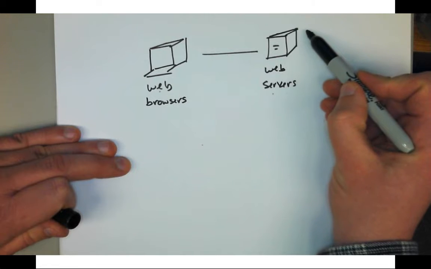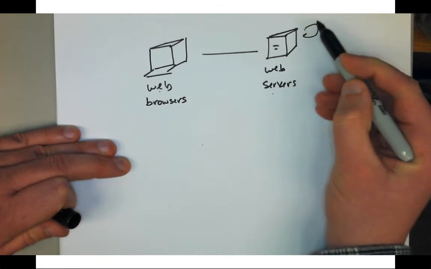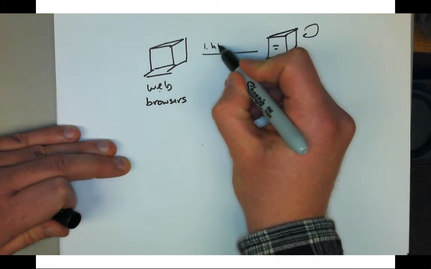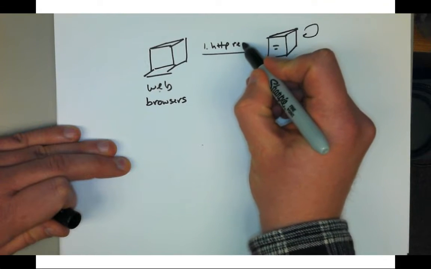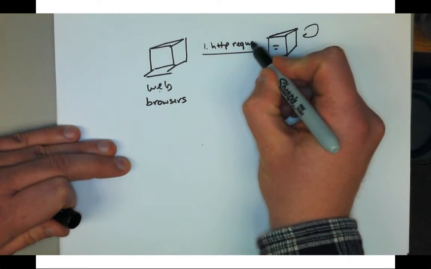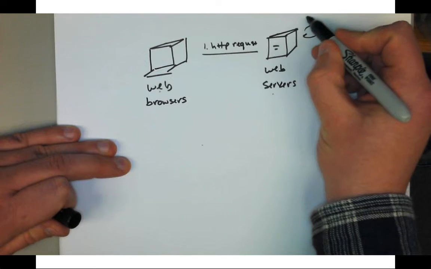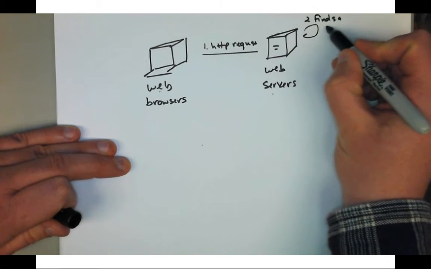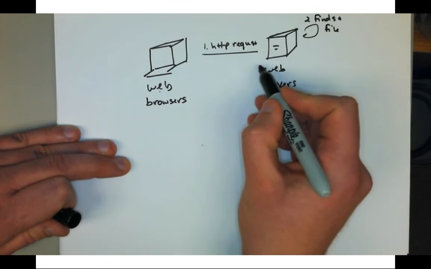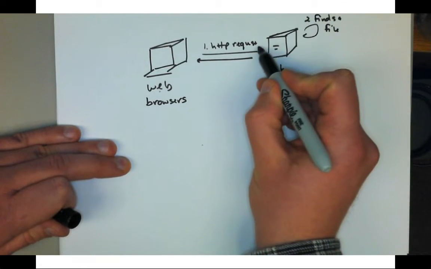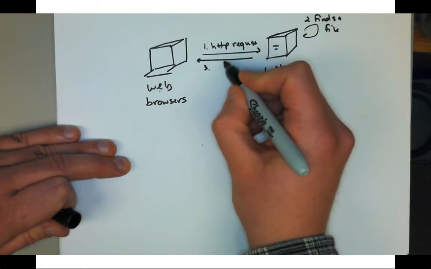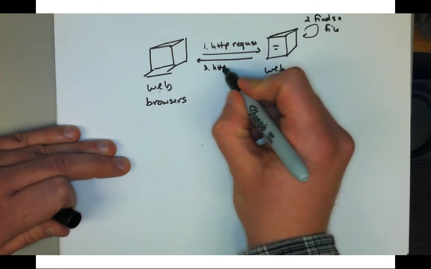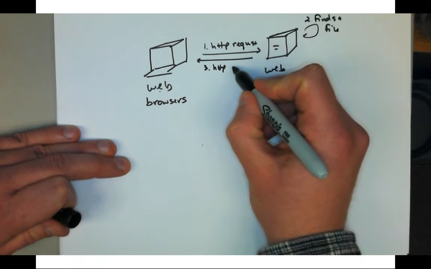The web server goes and finds a particular file. So the request is called an HTTP request. The server finds a particular file. Okay, and then the server will send that file back, or the contents of that file, in this thing called an HTTP response.